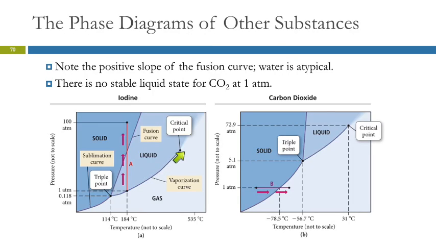Here's the critical point. This is carbon dioxide. And if you don't look at the scales here, you think, oh, well, it's not that different. But this critical point comes at 72.9 atmospheres and 31 degrees Celsius.